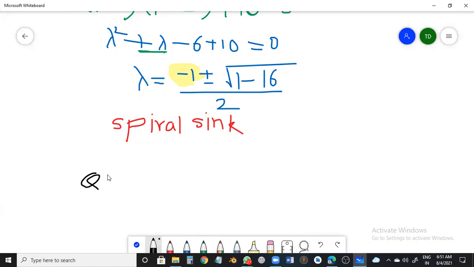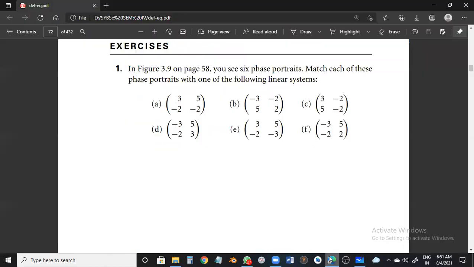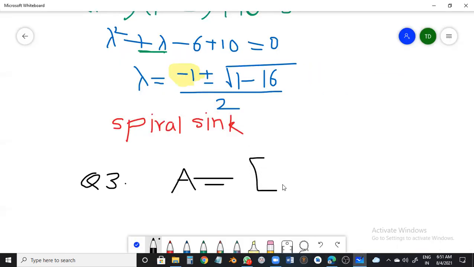This is question 3. Let us write our matrix A. Matrix A is 3 minus 2, 5 minus 2. So what will be the characteristic polynomial?